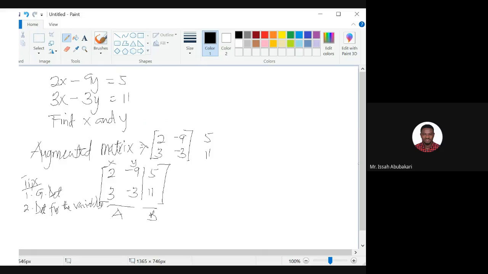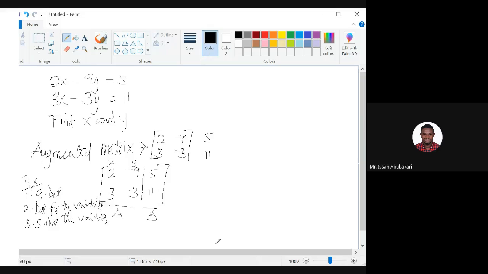And then 3, we solve for the variables. The question says find x and y. So the first thing is find the determinant of the matrix. 2, find the determinant of the variables. And the last one is, we solve for the variables.